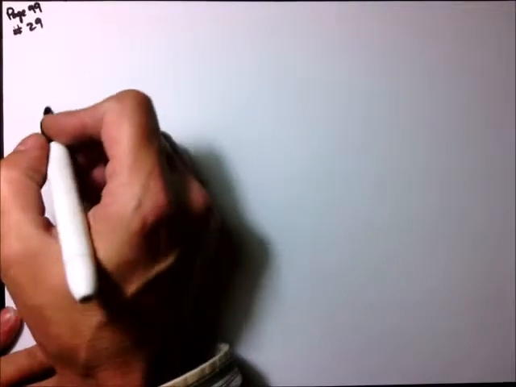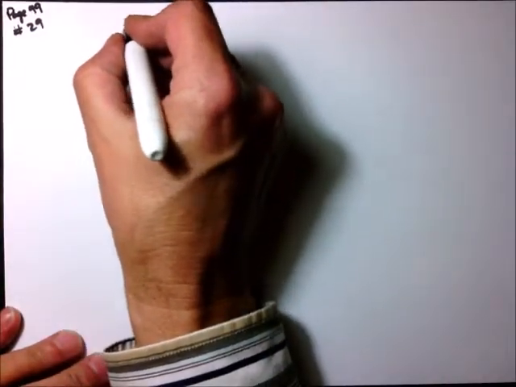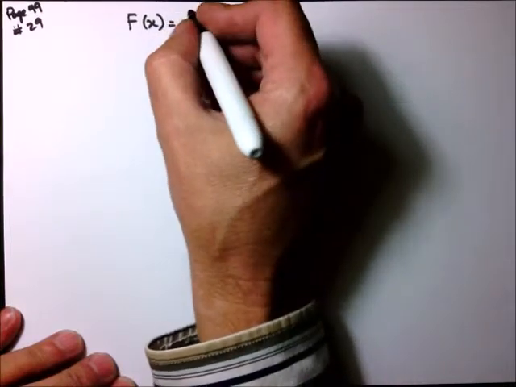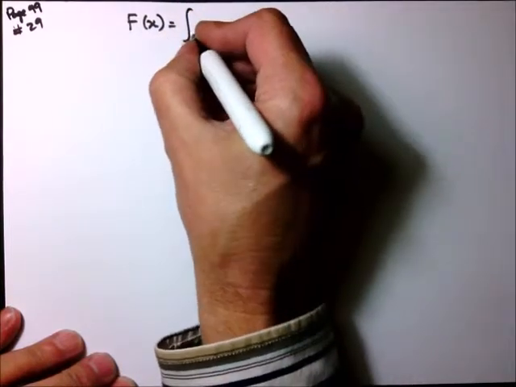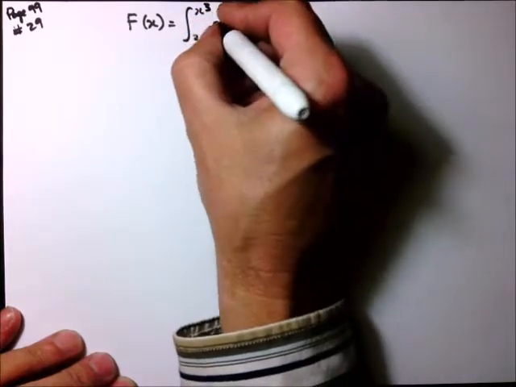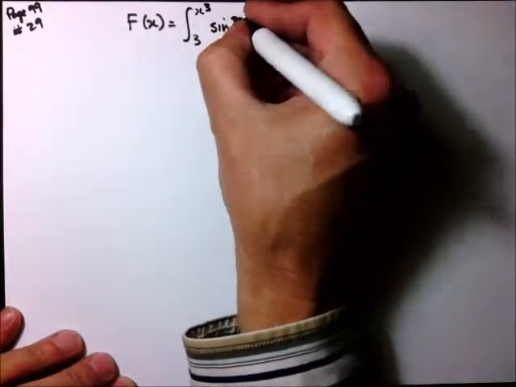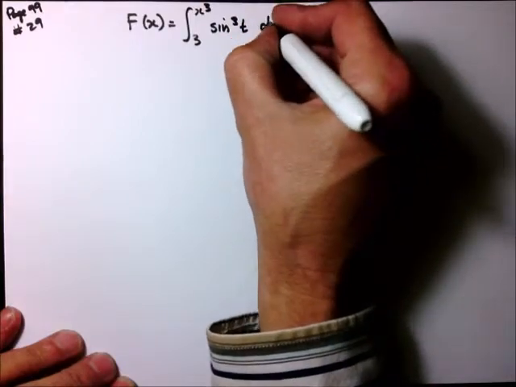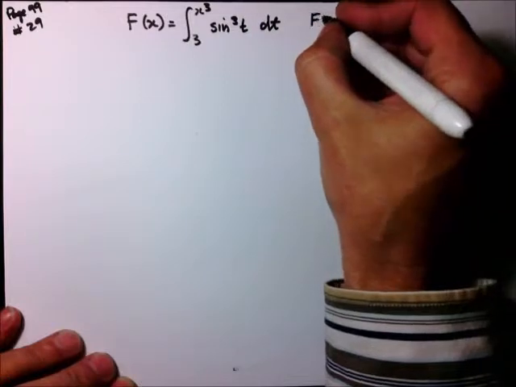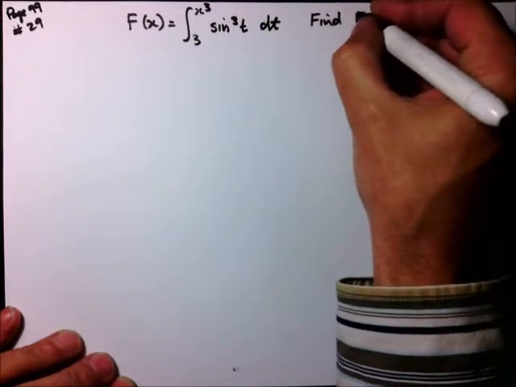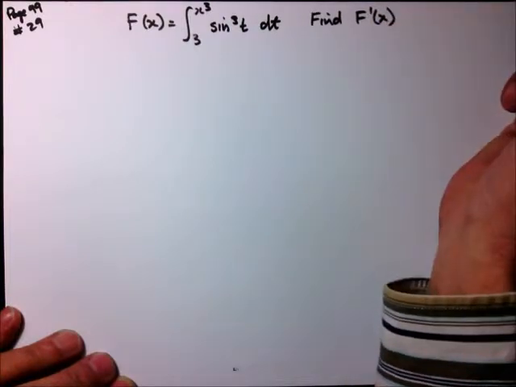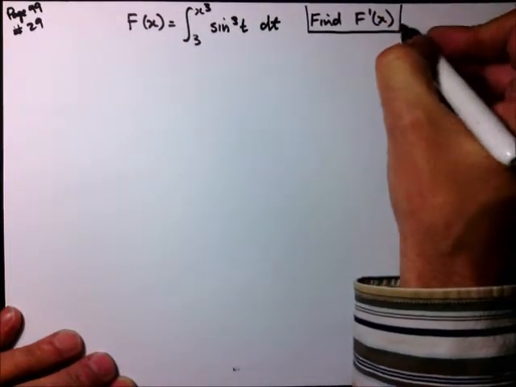In that example, we are given capital F of x is equal to the integral from 3 to x cubed of sine cubed t dt. What we are asked to do is to find the derivative of capital F of x.